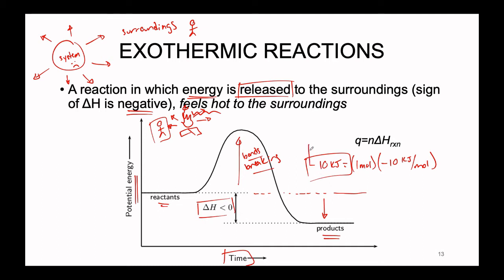And the negative sign, again out in front, signifies that 10 kilojoules were lost or released by the system. So if you see the language like lost or released in a textbook or a worksheet or a homework problem, what this means is that there is a negative sign out in front of your Q. There's a negative sign out in front of your delta H.